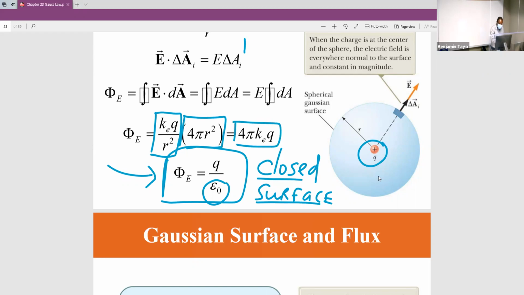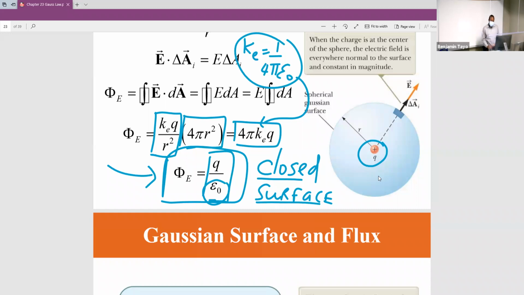And because we know that Ke is equal to 1 over 4 pi epsilon naught, if you substitute this Ke here, then you get this Q over epsilon naught. So this is the main equation that we're going to be using here. The next thing is the application: how do we apply these equations?